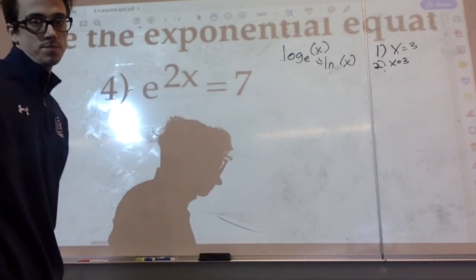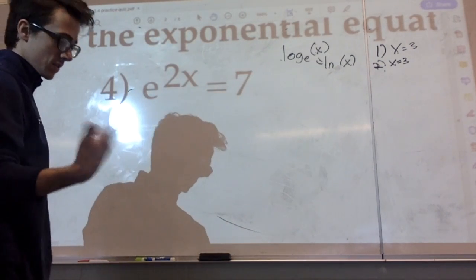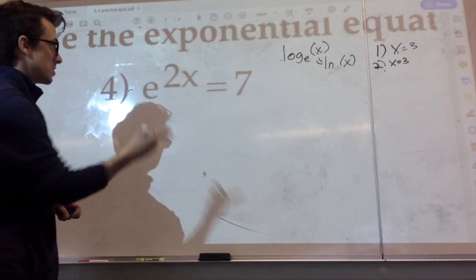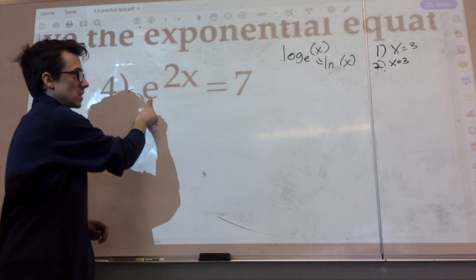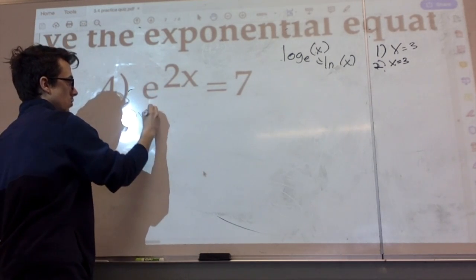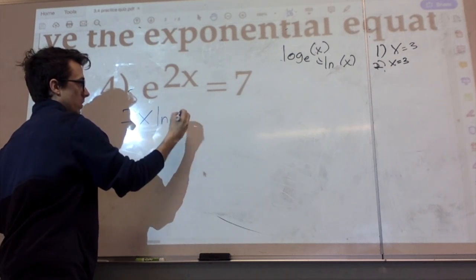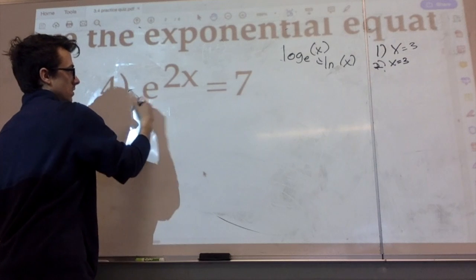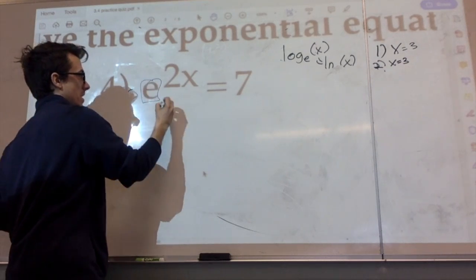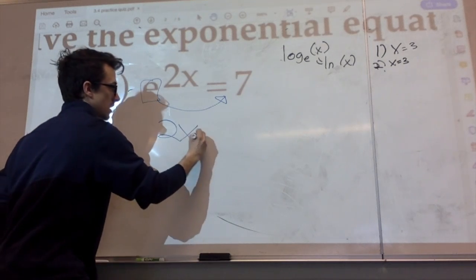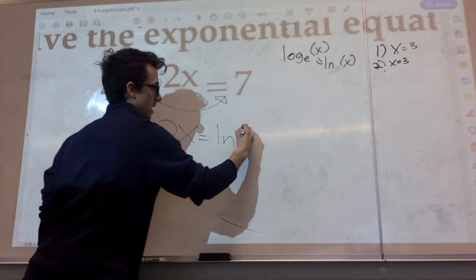Once we have this all markered down, don't worry, I got a blue one, we can switch this around because we already know e is here. So let's rewrite this. e is your base. It's going to mark over to here. 2x drops down, so you have 2x equals the natural log of 7.